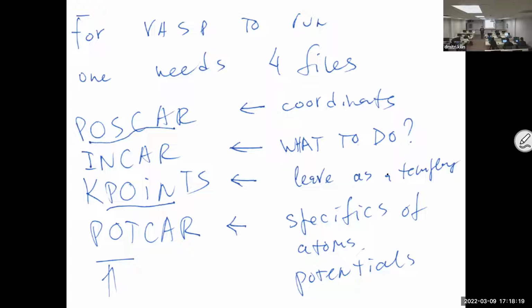But the KPOINTS file is a mysterious thing that makes a dramatic difference between the VASP code and many other codes. It was created to describe not only chemistry, but also physics and engineering. The VASP code is intentionally created to describe solid periodic materials.